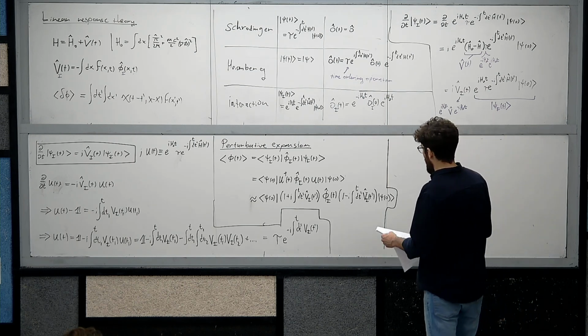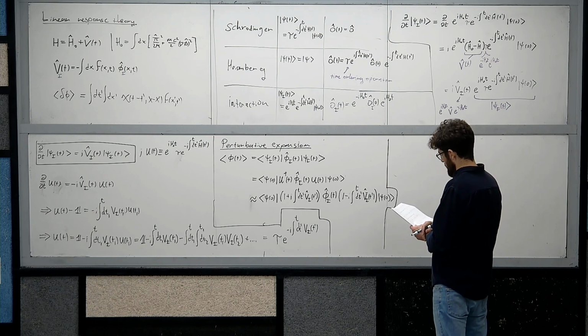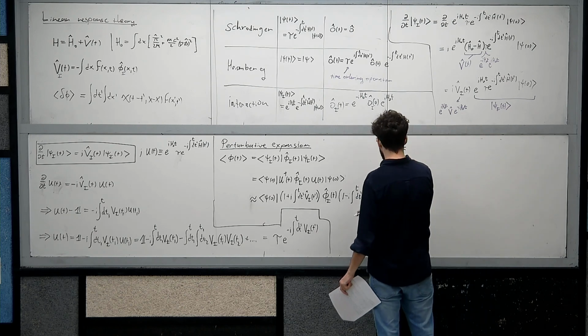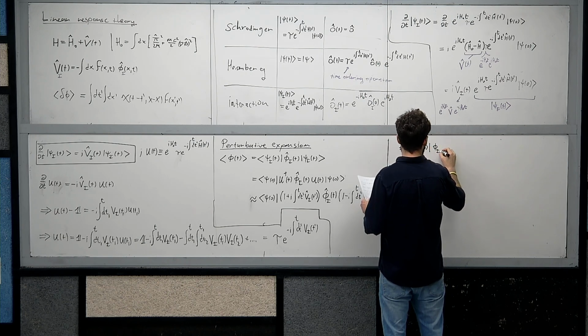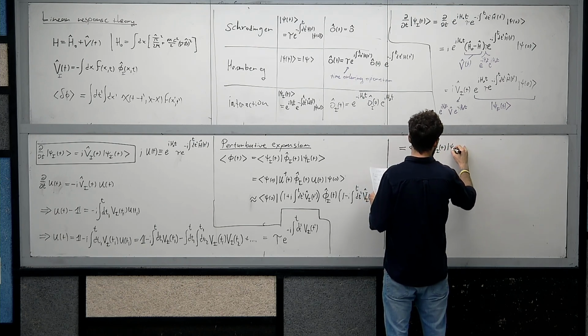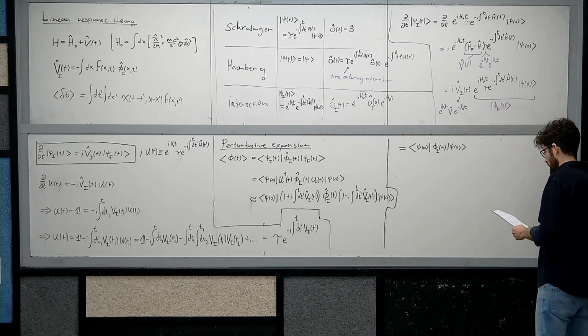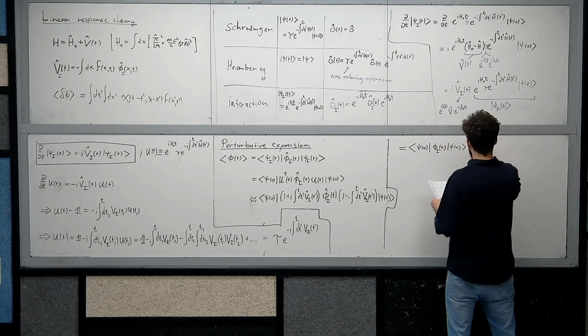And now, okay, so there are a few terms here. Continuing it here, I get basically psi of 0, phi_I of t, psi of 0, that's the first term. And then to linear order, I get plus i, which are the mixed terms.